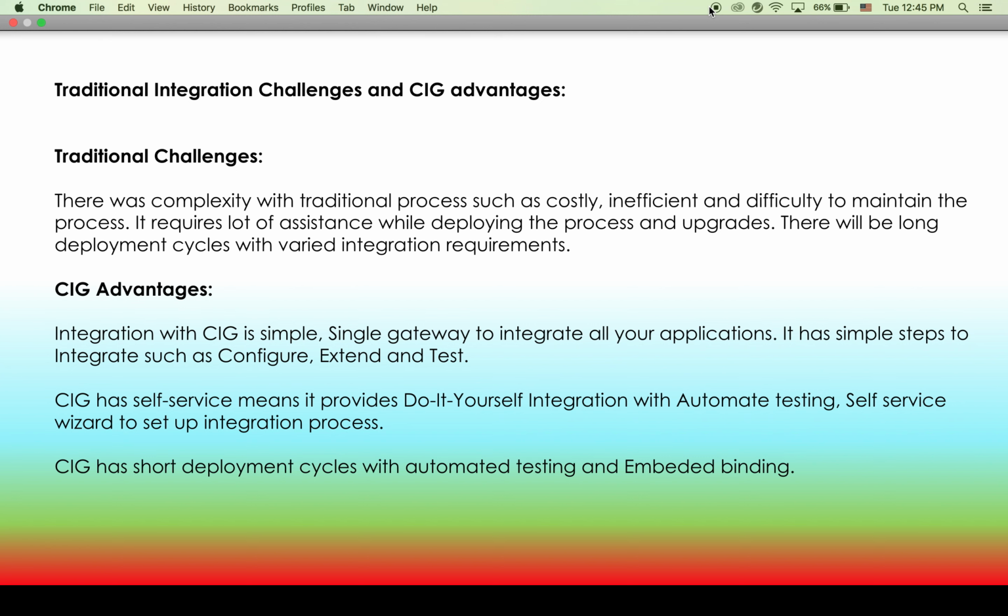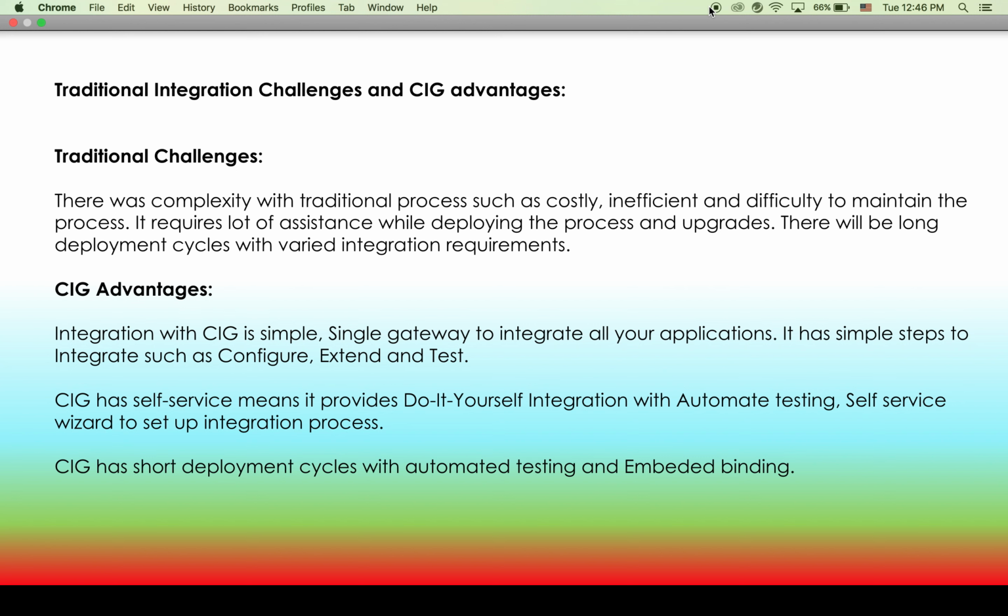So traditional integrations have some difficulties. They require a lot of assistance while deploying the process and upgrades. When we deploy a new process, we need a lot of assistance for the existing traditional integration. And when we upgrade, if there are any changes, like a new Java version required, we need to change all the scripts provided by the Ariba integration toolkit.